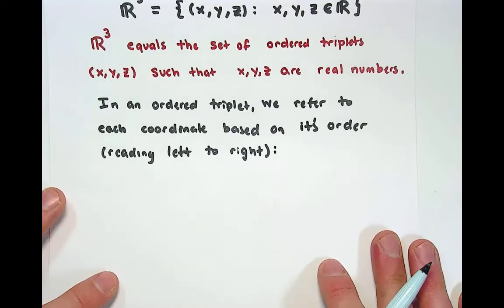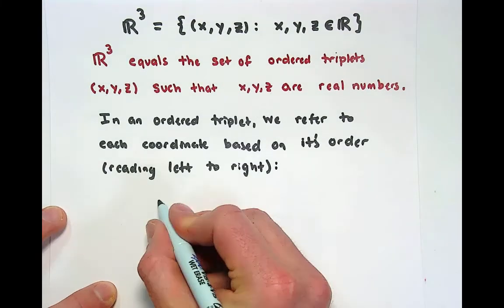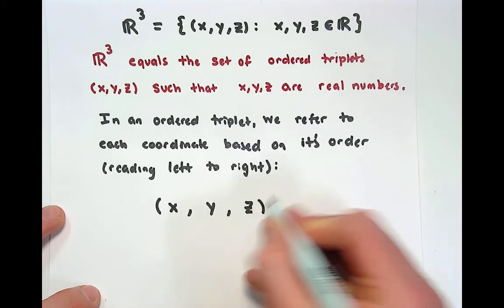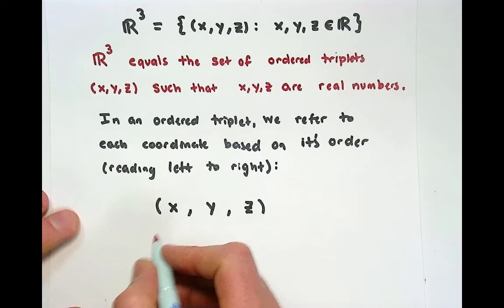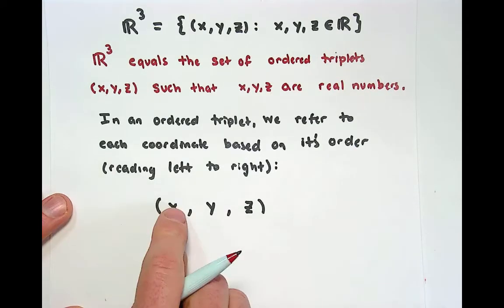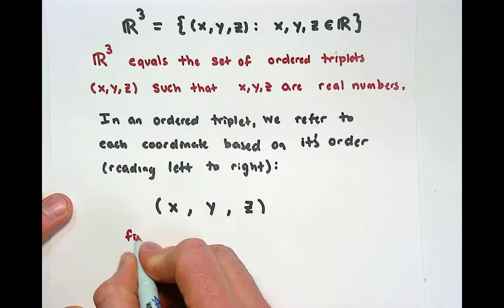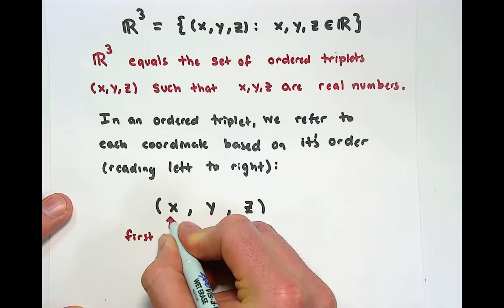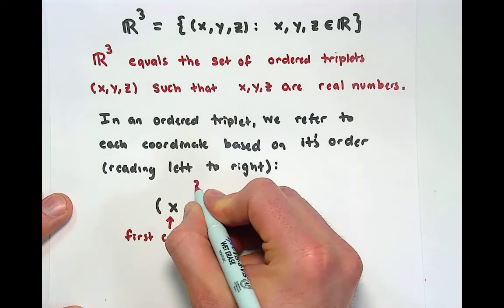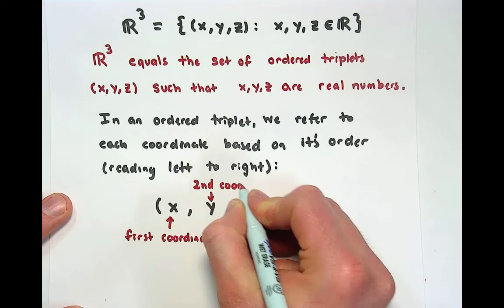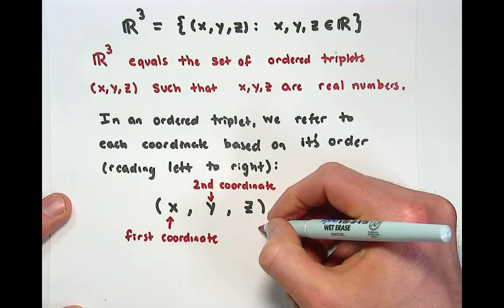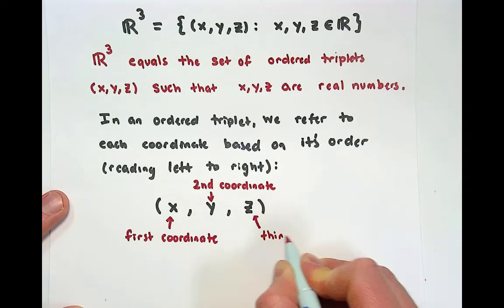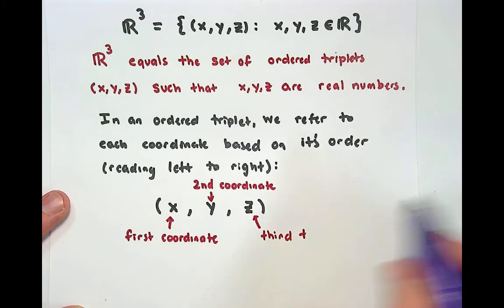What we mean by this is when we look at x, y, z, this ordered triplet has 3 coordinates. The first one on the left we call the first coordinate. The one in the middle we call the second coordinate. Could you guess what we call the last one? Ding, ding, ding. You got it. The third coordinate.